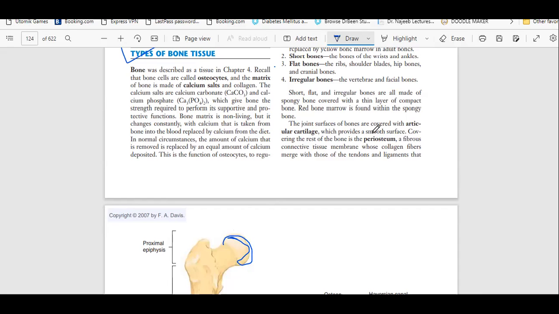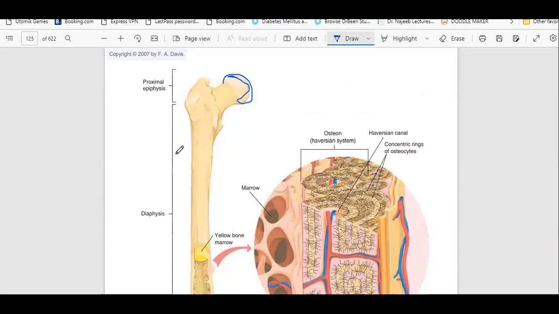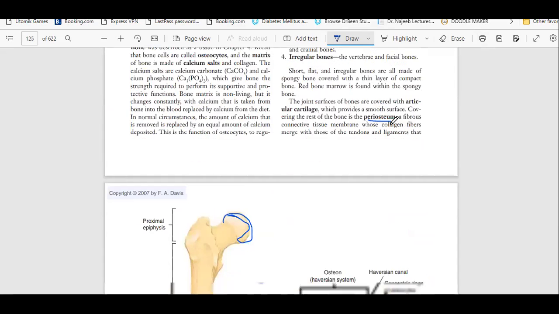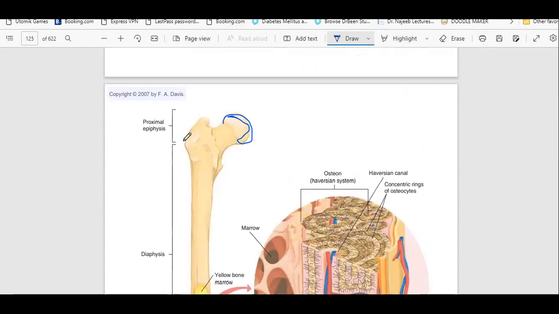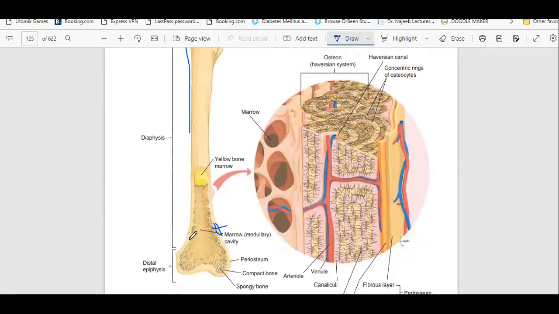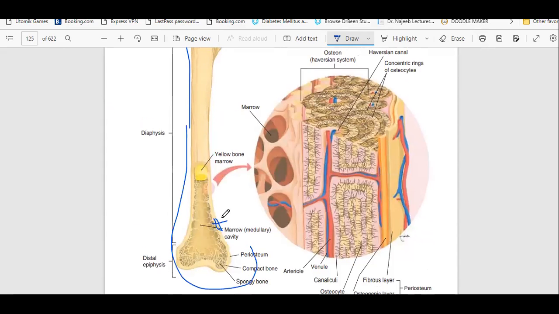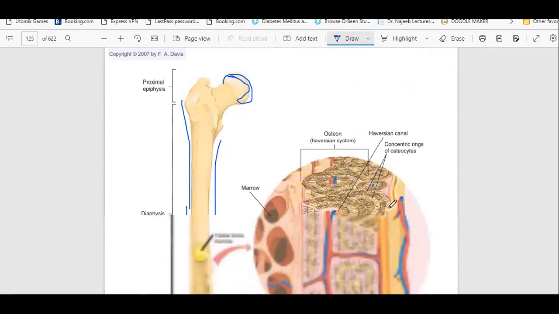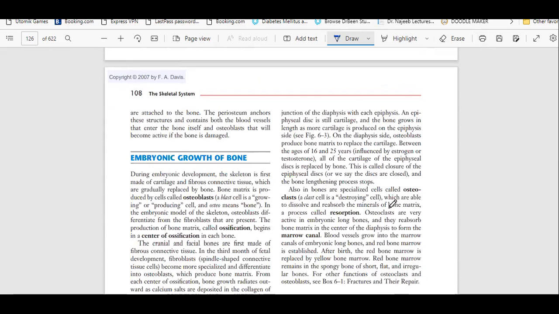which provides a smooth surface. Covering the rest of the bone is the periosteum. You have to remember that every bone has a covering, and that covering is known as the periosteum. The periosteum, a fibrous connective tissue membrane, has collagen fibers merged with those of the tendons and ligaments that attach to the bone.